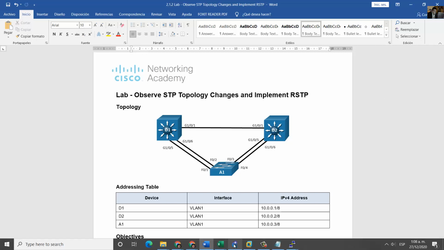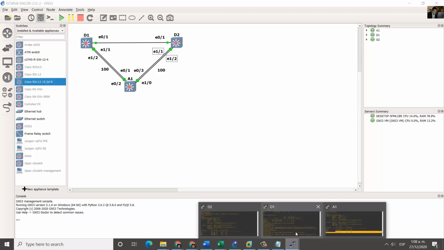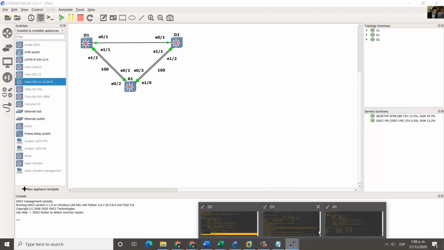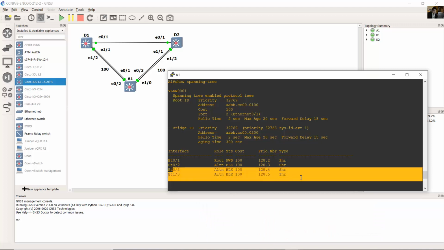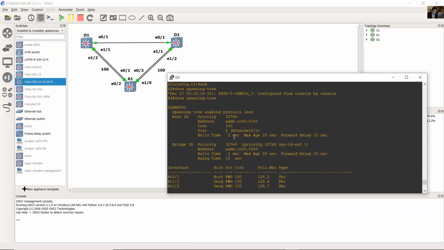But in my case, D2 has Ethernet ports and A1 has Ethernet ports. But why is D2 preferred? Why does D2 have designated ports and why does A1 have the alternate ports? In this case, D2 has a lower MAC address than A1.